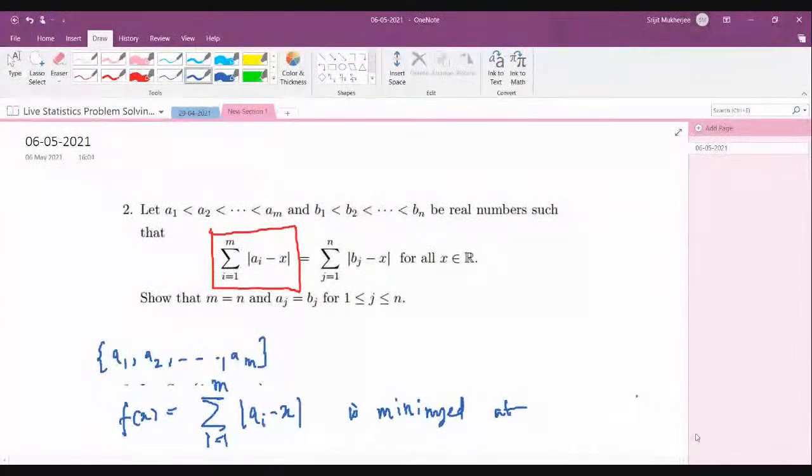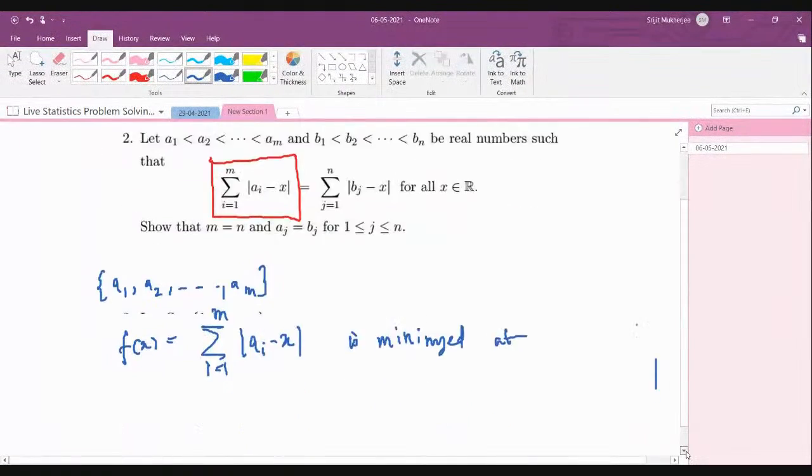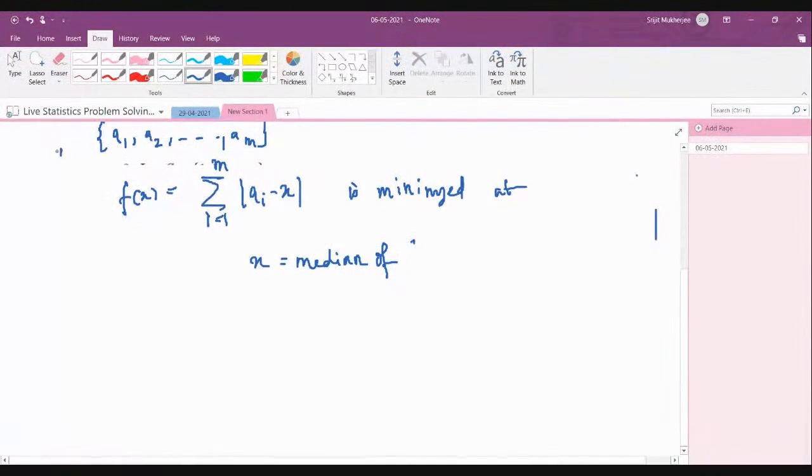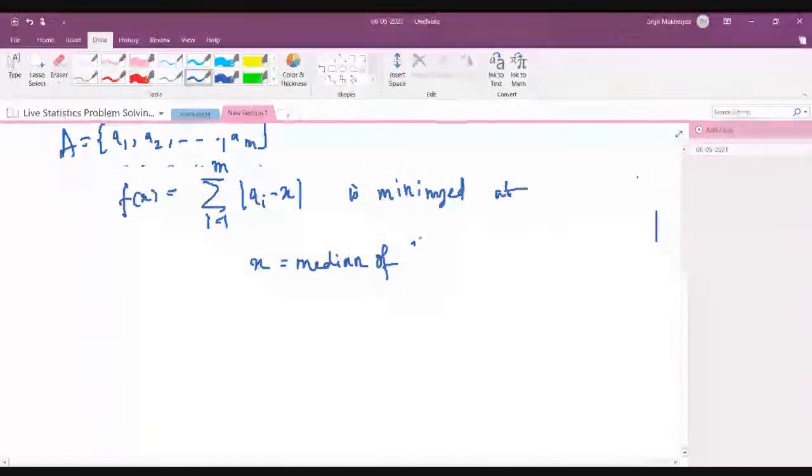This is minimized at x equal to the median of this set A. All of you know this result, or you need me to prove it, guys? Insha, Sneha, Suryangsi, Kushal, Abhirav, Hemant.